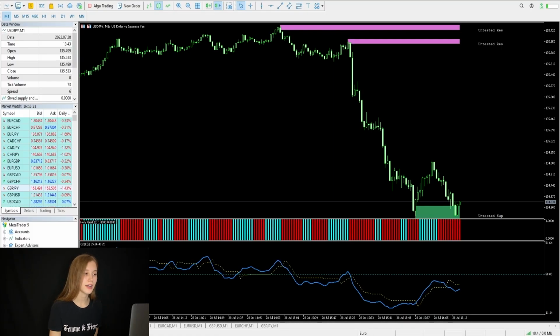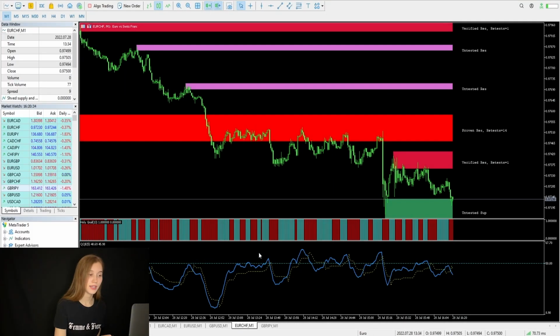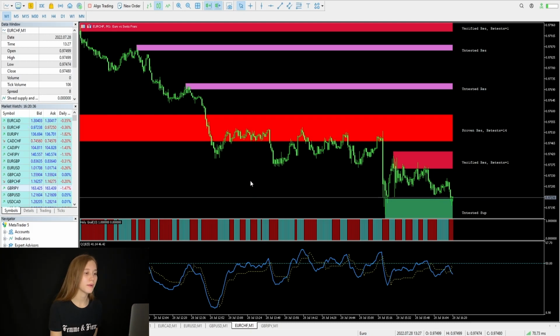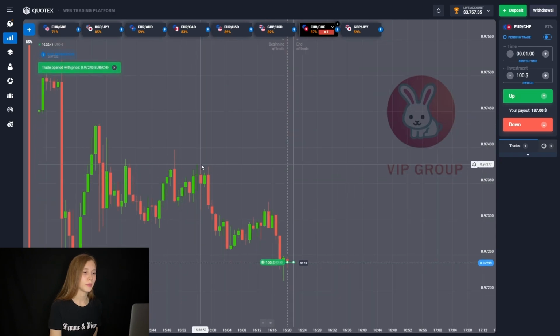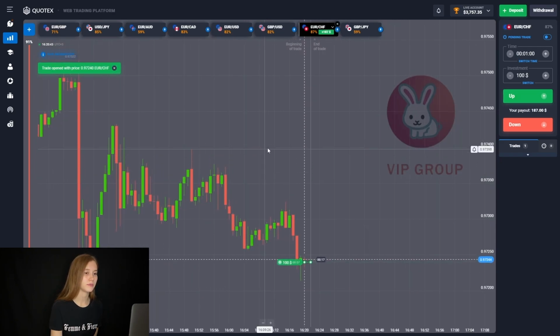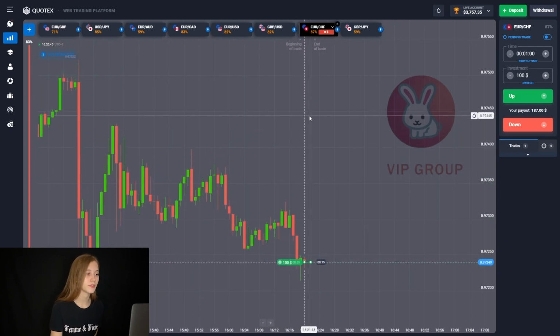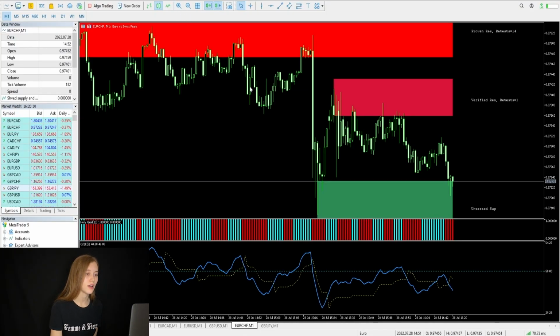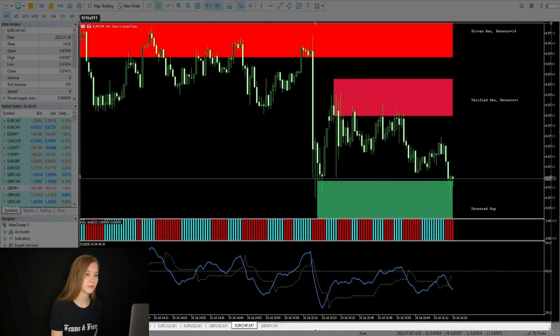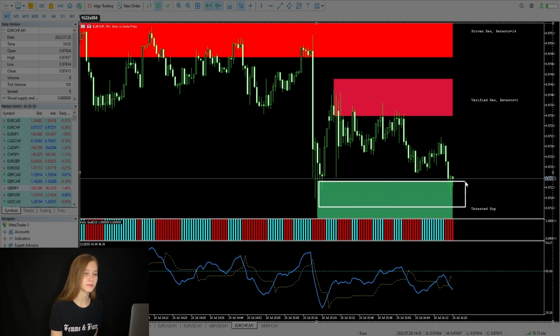And let's find a good currency pair. Let's stop at this currency pair, and we will open the deal. Let's move to MetaTrader and explain the principle of entering this trade. So let's select the work area.